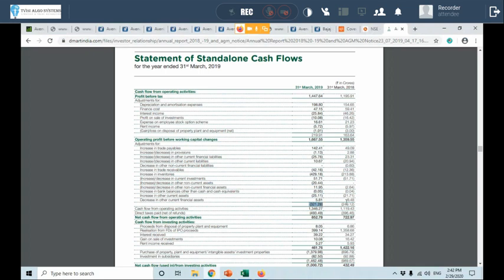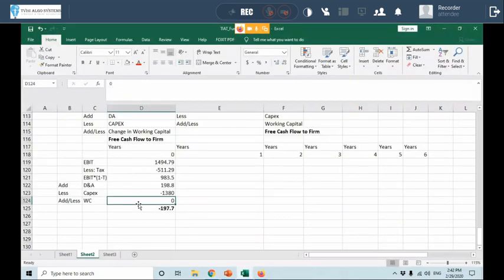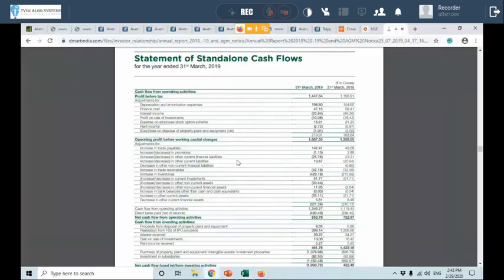So that means the working capital has increased from 240 to 321. So I will give effect of that, 240 minus 321. Means I need additional 81 crores to run my business. Okay.